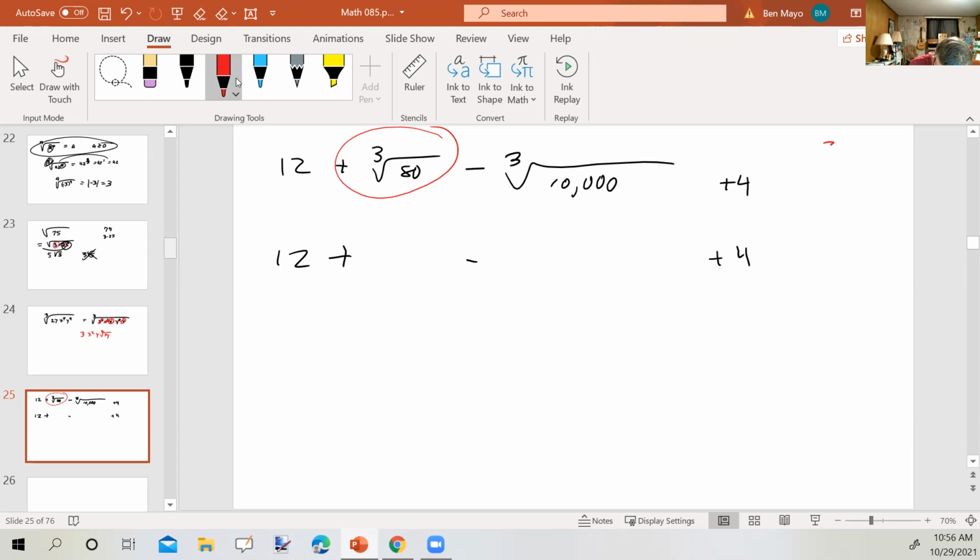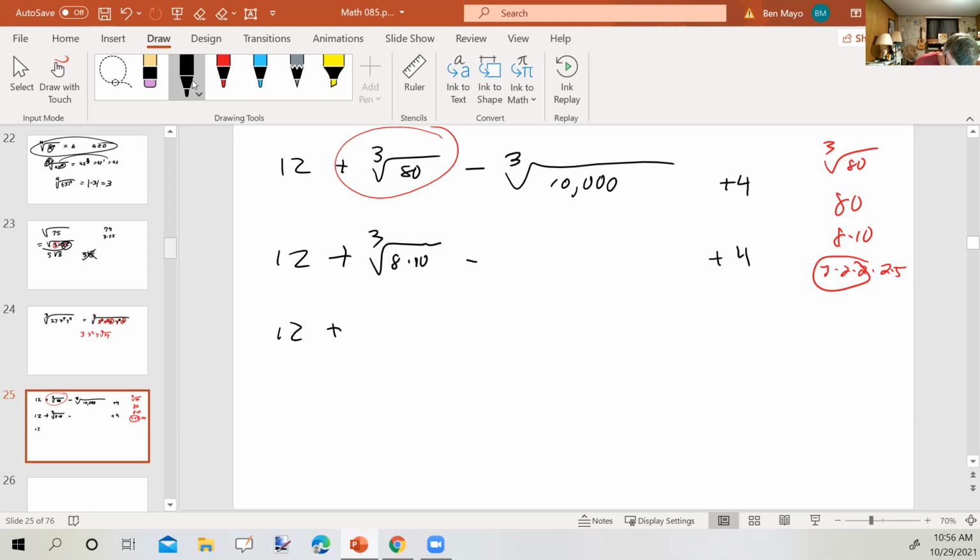Okay, so the cube root of 80, 80 is 8 times 10, which is 2 times 2 times 2 times 2 times 5, but that's a cube, right? 8 is a cube. So if I wrote this as the cube root of 8 times 10, in the next line, I'd get the cube root of 8, which is 2, and then the cube root of 10, like that.